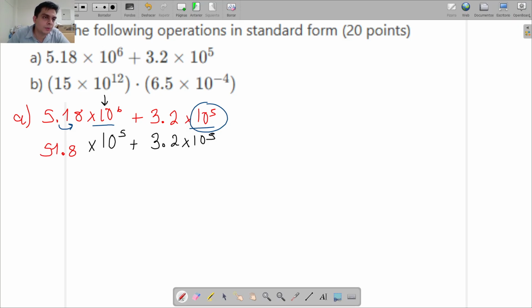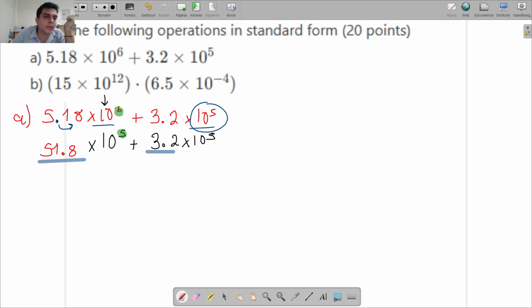51.8. So again, if you move the decimal point one place to the right, the exponent will decrease by 1. Now you can see both numbers, 51.8 and 3.2, have the same notation form. They have the same times 10 to the power of 5.